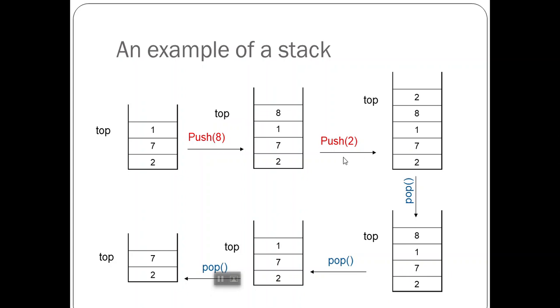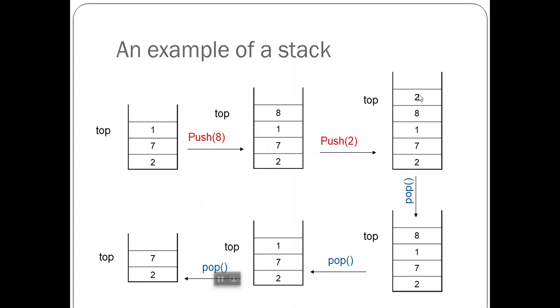Now if you look here, push of 2: the top value was at 3, 3 has been incremented to 4, and at this 4th position this 2 has been inserted. Now after that pop is called. Pop is to remove the top element. Which element will be removed? Neither 8, nor 1, nor 7.